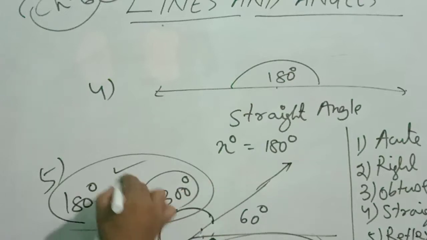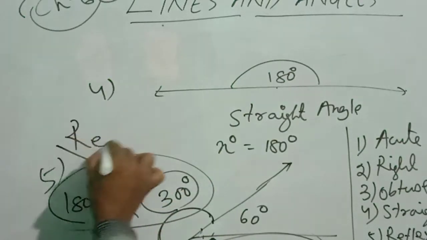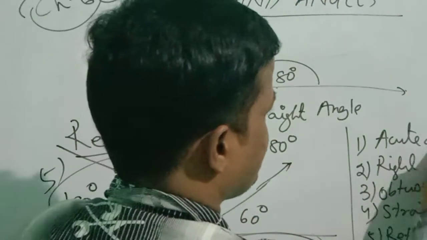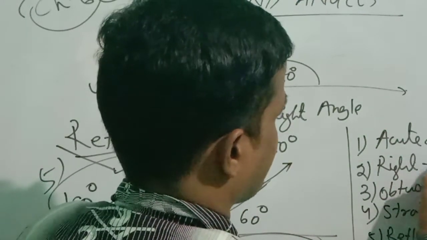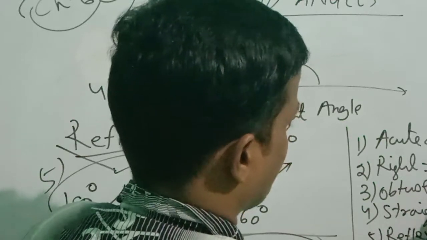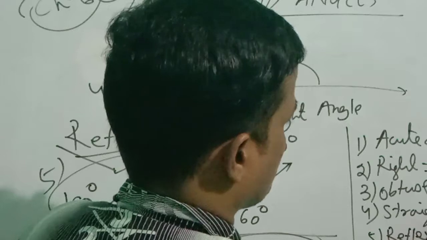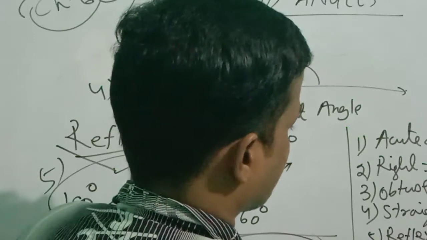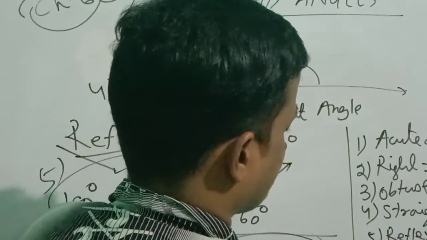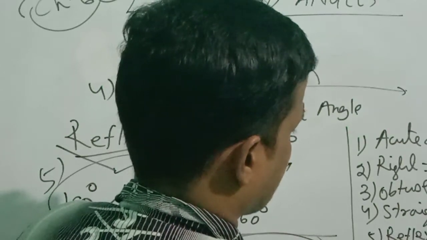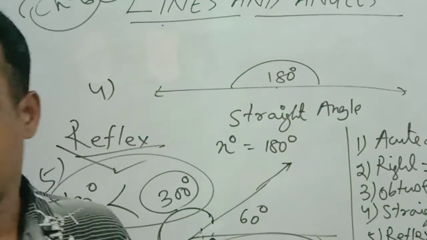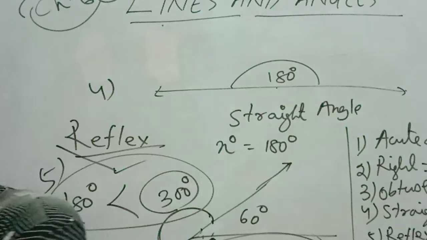Acute angle is less than 90, right angle is equal to 90, obtuse is greater than 90 but less than 180, straight is equal to 180, and reflex is greater than 180 and less than 360. These are the different types of angles.